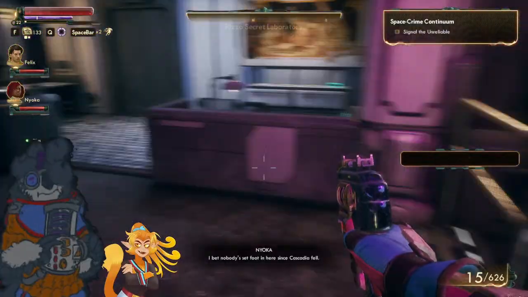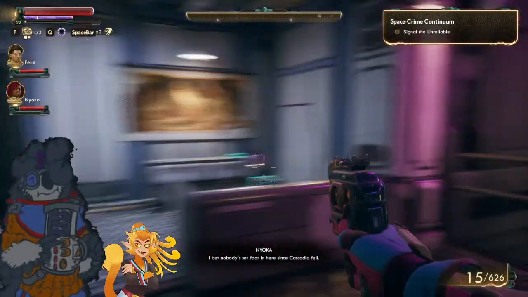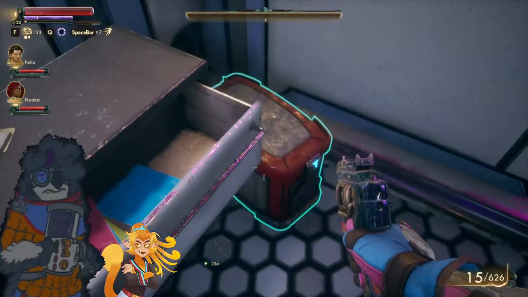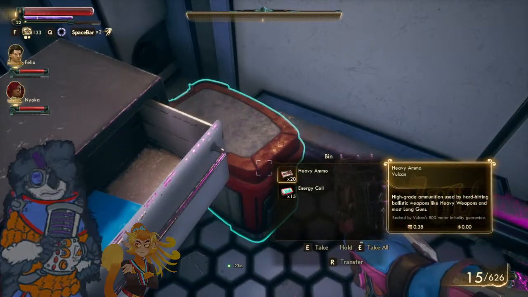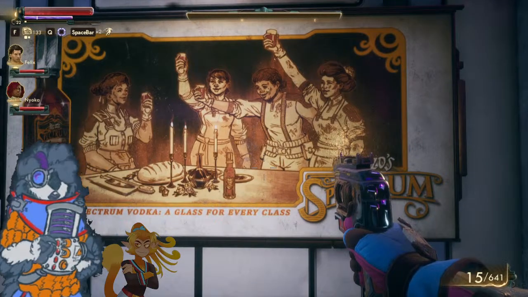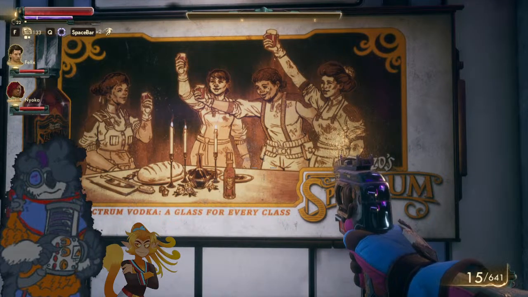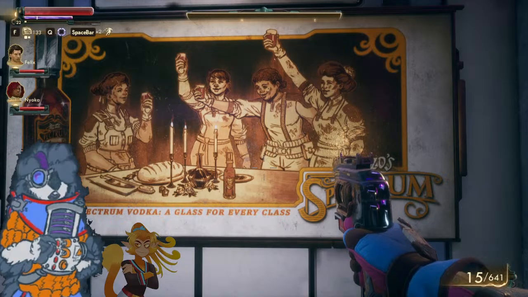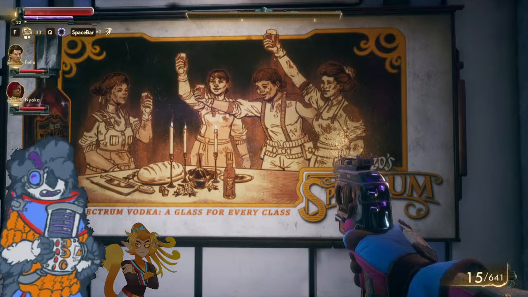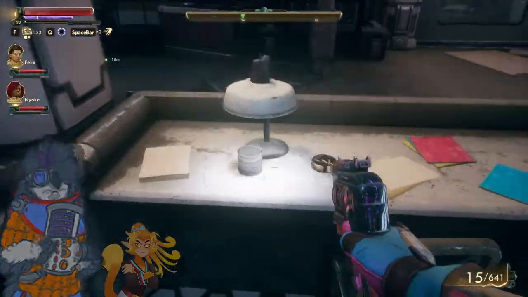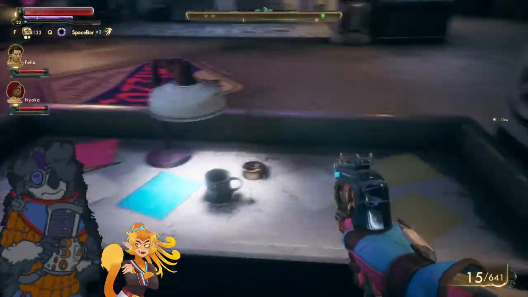I bet nobody's thought of Cascadia Butter Factory since, like, butter. Yes, honey. Yay. But yeah, this is the people we were talking about. Spectrum vodka, a glass for every class. So, in order to separate people, they make different colors of alcohol and said that you can only buy the one that's of your class. Oh God.